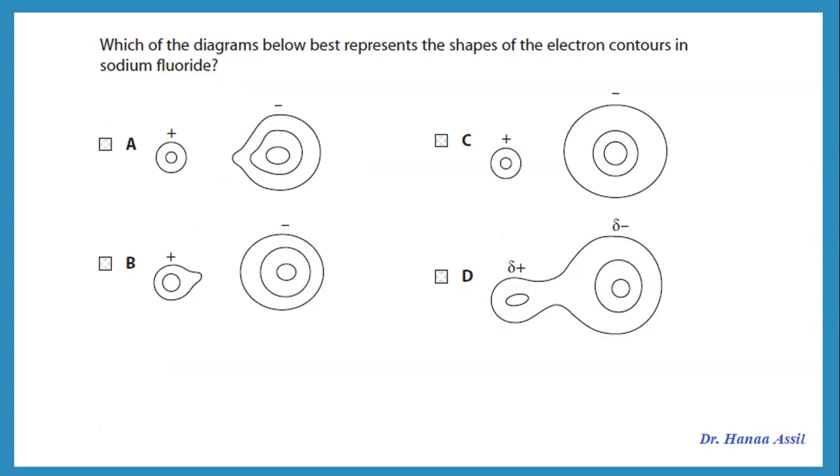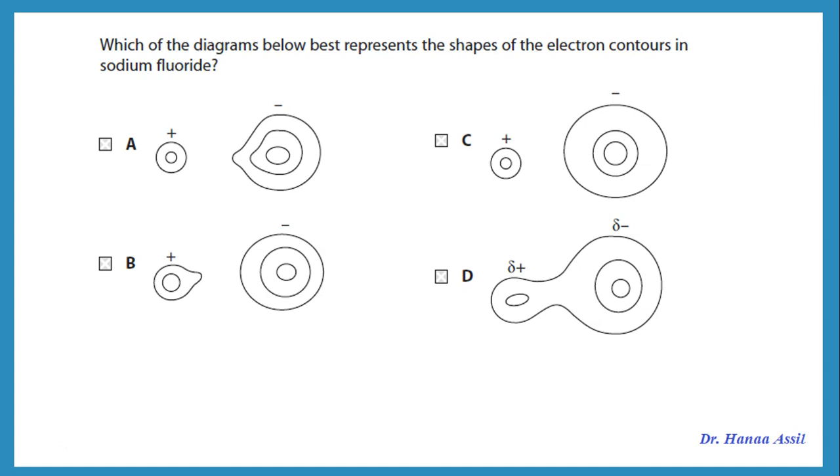Which of the diagrams below best represents the shapes of the electron contours in sodium fluoride? Now let's think about sodium fluoride. Sodium and fluorine are small ions with one positive and one negative. They are purely ionic.